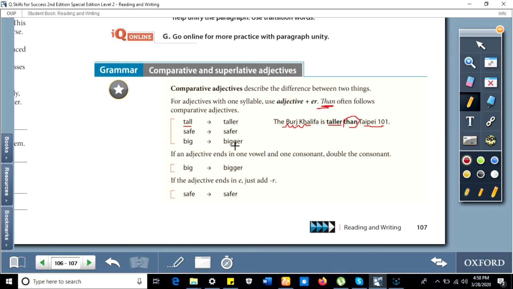Now the question is how you make "tall" into "taller". If it's a one syllable adjective, add -er.